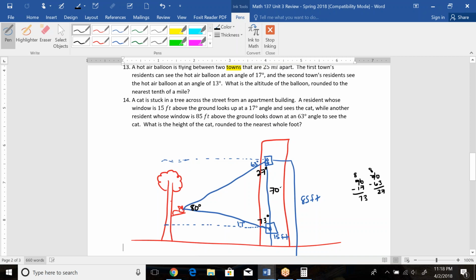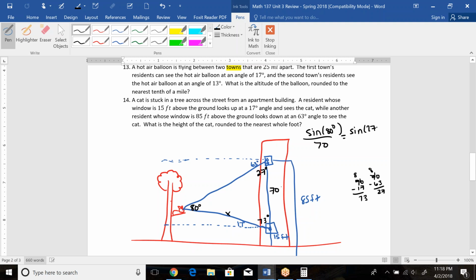Because we know an angle and a side across from it, we can use the law of sines here, and because I want to know the height of the cat, I'm going to try to find the length of the bottom part of this triangle. So I'm going to do sine of 80 degrees over 70 equals, and to find this side down here, I'm going to call this x. I need to use 27 since that's the angle across from that.